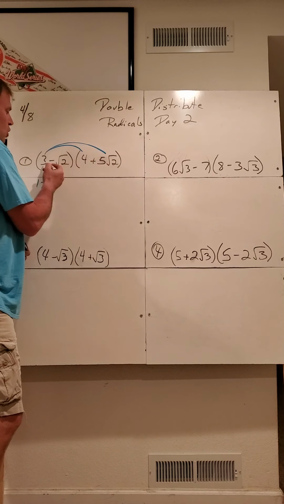Next part of my double distribution. Again, radicals, not radicals. They don't touch each other. They don't intermix. Keep whole numbers on the outside, radicals on the inside. They don't affect each other. And then finally here, I got a minus, I got a plus. That's a minus. Whole number is 5. Root 2 times root 2 is root 4.